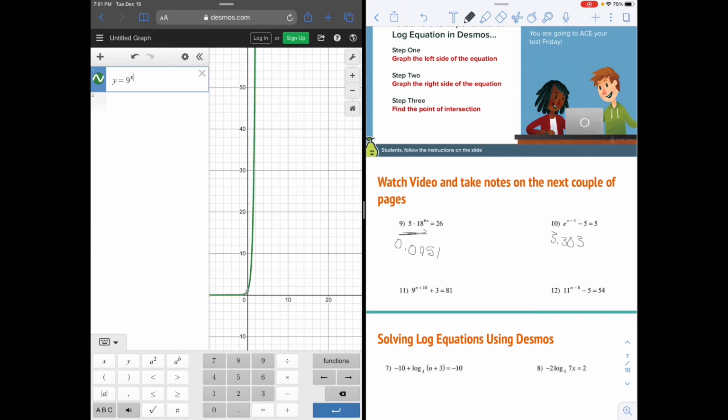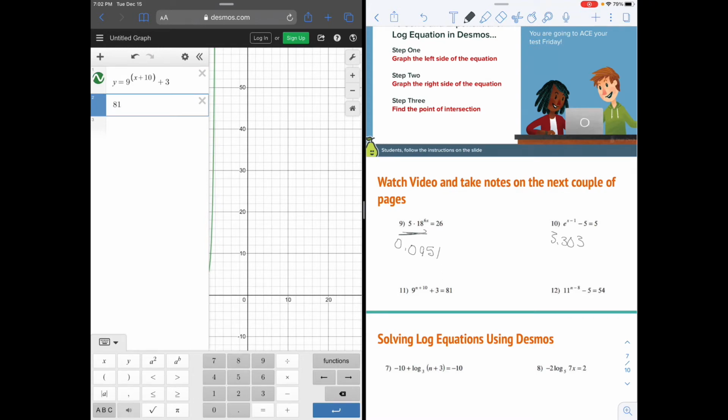I forgot parentheses. Parentheses, x plus 10. And then I move it over to do the plus 3. And then my next equation, I just press enter, and I get my next equation, which is 81.